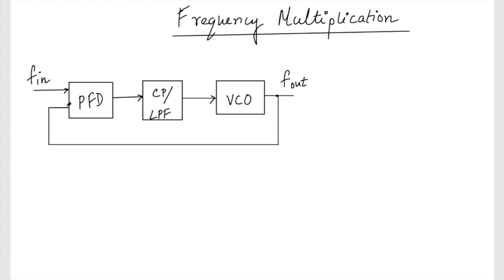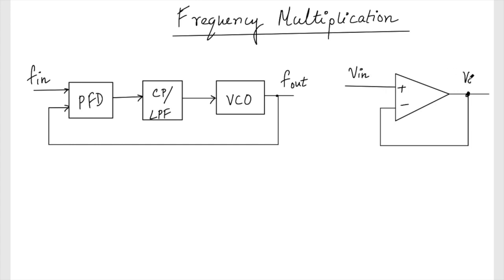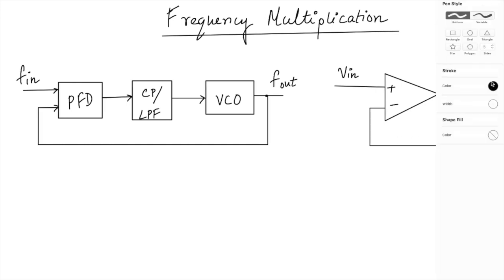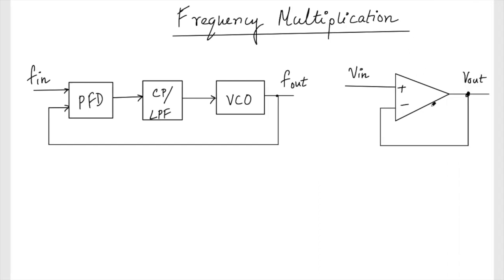This is quite analogous in the voltage domain to the op amp, where the negative terminal is connected to the output, and what I'm getting is a simple voltage follower, where V in and V out are the same, almost, of course, if there is no offset.